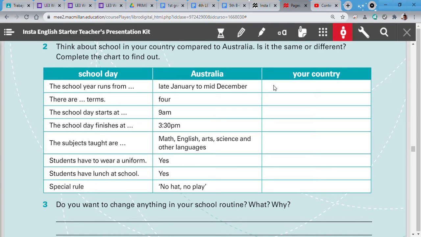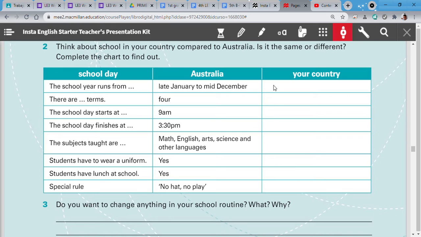There are 4 terms. Teacher, what are terms? It's like, for example, they do classes in 4 parts, no? In Peru, for example, we study in 2 terms, no? The first term is our vacation from January and February, and the second term is in August, on vacation after Independence Day, 2 terms.